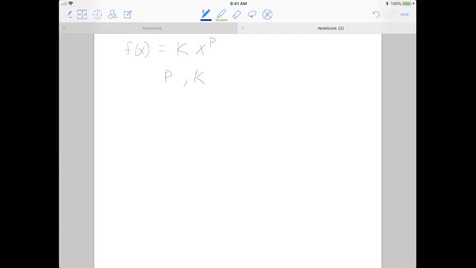In the past, for linear functions, there were kind of two options for m, right? Either it went up, or it went down.